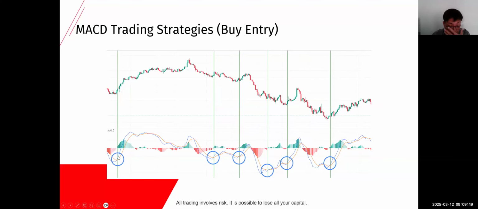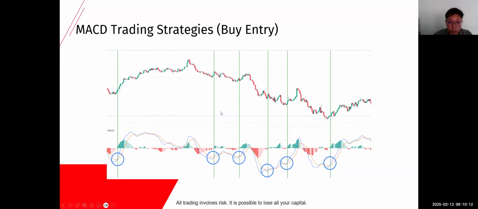The bigger the gap shows the strength of the crossover. You can see right here, the gap is so small, it's almost insignificant. So usually, I wouldn't enter buys over here. I would rather enter buys over here. Then we can see the last example is this buy entry over here.